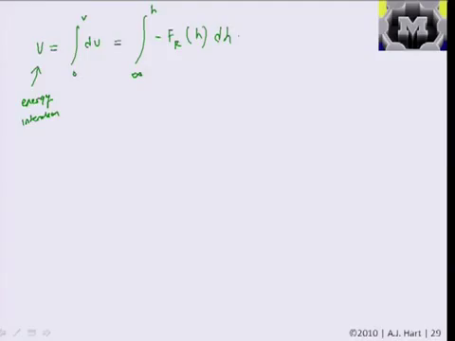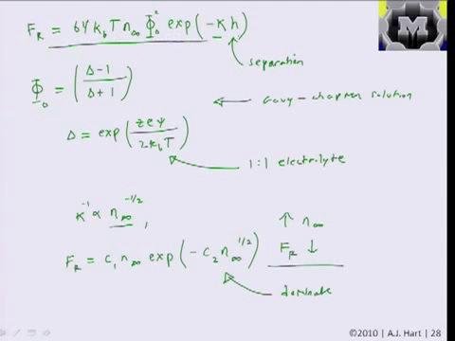And now looking back at the previous slide, our equation for the force as a function of separation only has the separation h in the exponential. This is a pretty easy integral to do because we can just pull all the terms, including our special term here, out to the front.